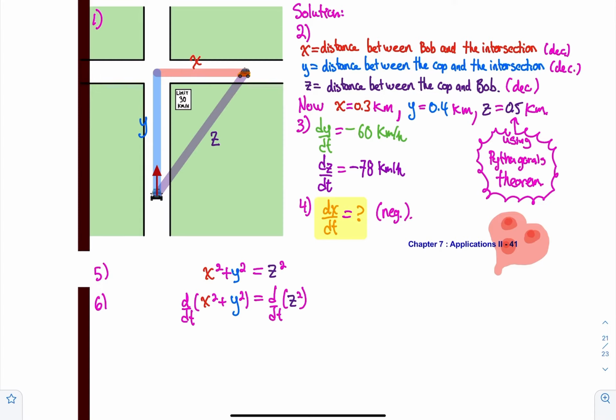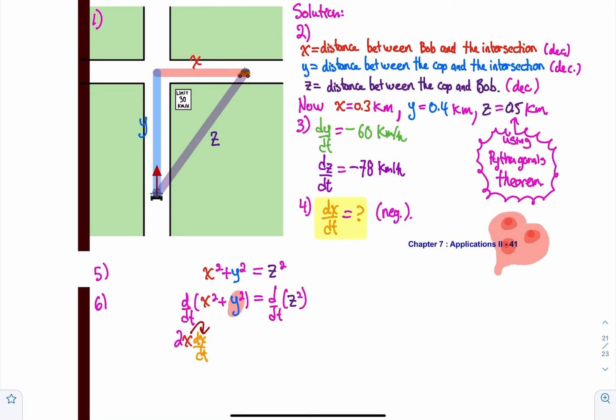So the derivative of x squared, because x is a quantity that varies as a function of time that you don't know explicitly, is going to be 2x times dx/dt. And then what about y squared? Because y is a quantity that changes as a function of time that you don't know explicitly, you can compute it using implicit differentiation.